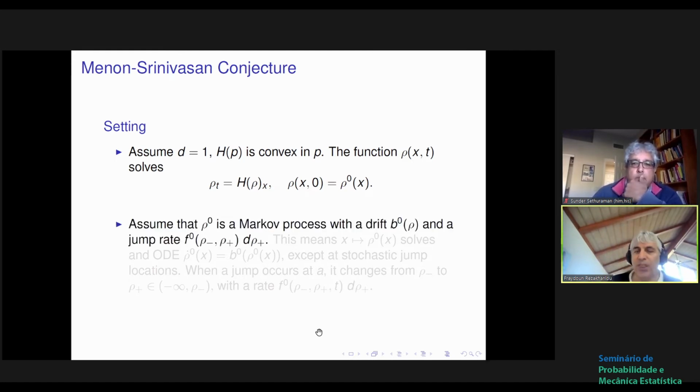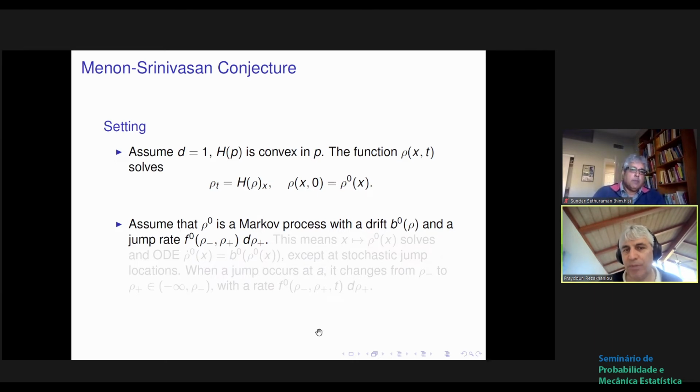And in fact, the way to think about it is that for fixed T, you have a Markov process. This Markov process has a drift and a jump kernel. So when there is no jump, it satisfies some ODE. That's what drift means. And I write B0 rho for the drift. But so as you fix T and increase X, you solve an ODE.